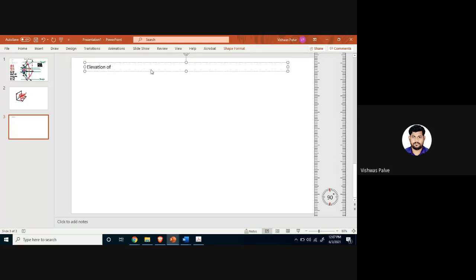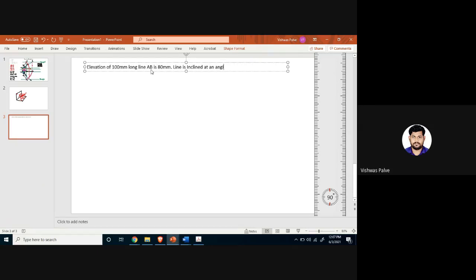The elevation of 100 mm long line AB is 80 mm. Line is inclined at an angle.